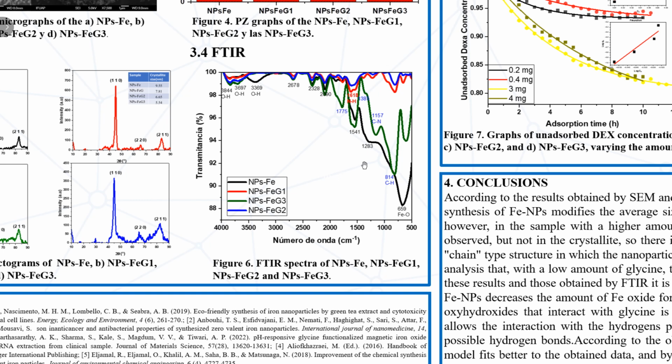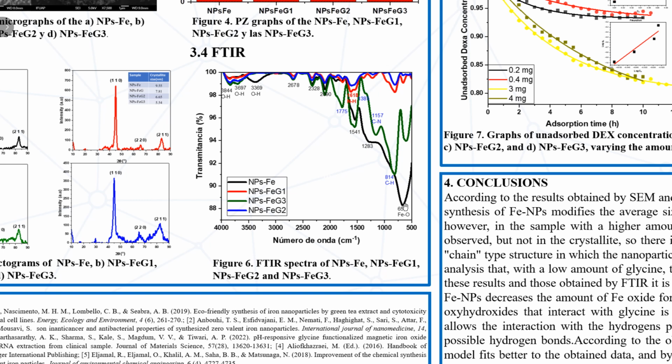According to Larkin, metal oxides of various types have strong bands corresponding to the metal-oxygen-metal group in the region between 800 and 200 centimeters inverse.